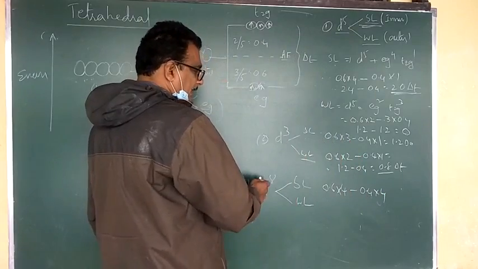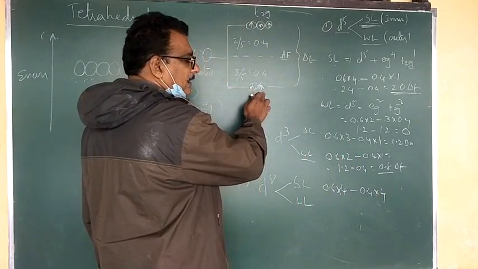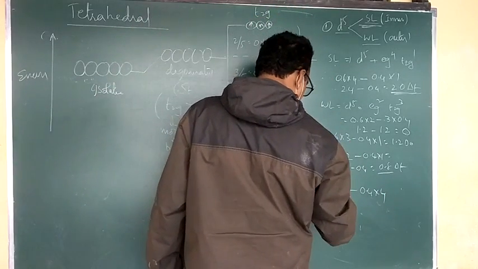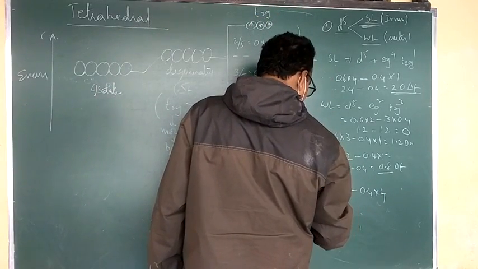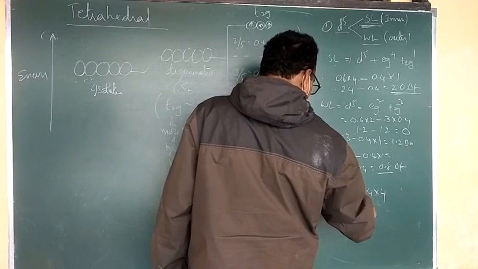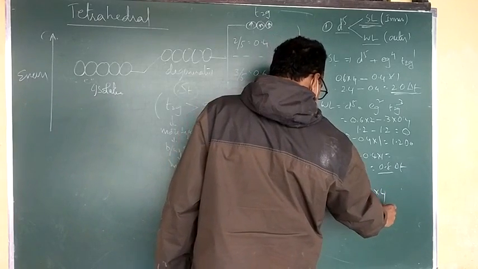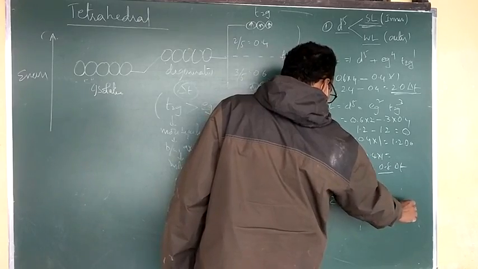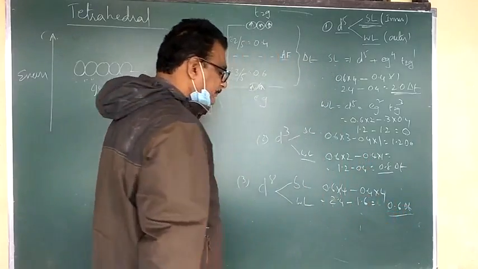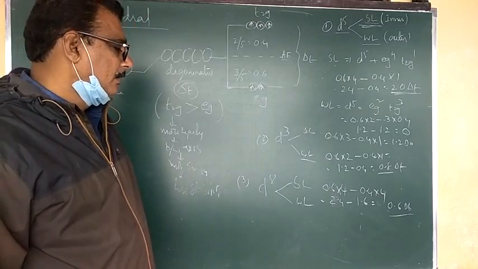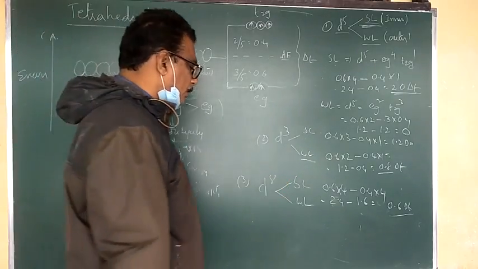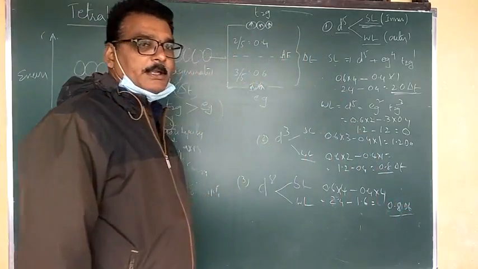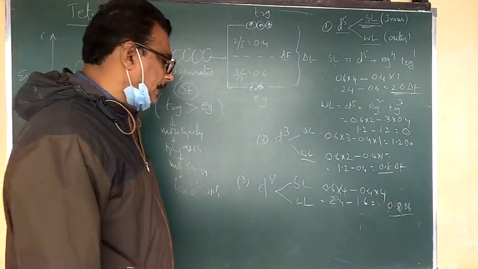Strong ligand means all electrons pair: 4 in Eg, and after that 4 electrons in T2g. Now 2.4 minus 1.6, the answer is 0.8 delta T value. That is for the strong ligand.